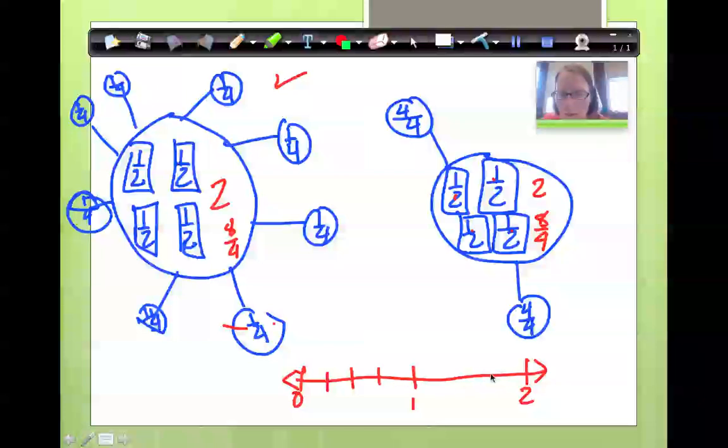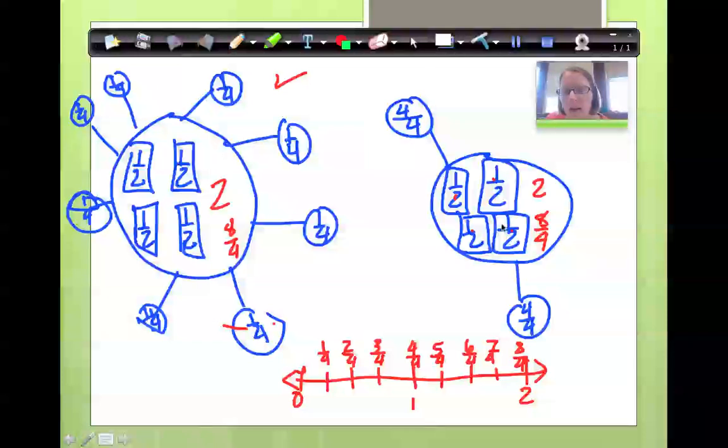My half and half. So I have 1 fourth, 2 fourths, 3 fourths, 4 fourths, 5 fourths, 6 fourths, 7 fourths, 8 fourths. Alright, so that shows me this one.